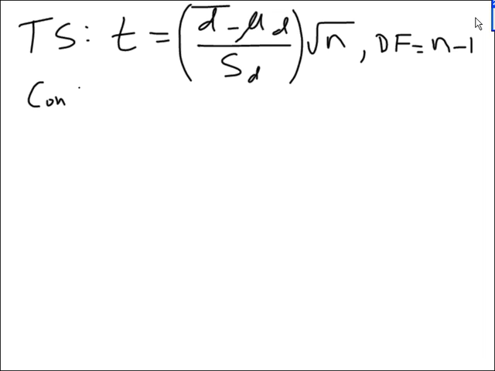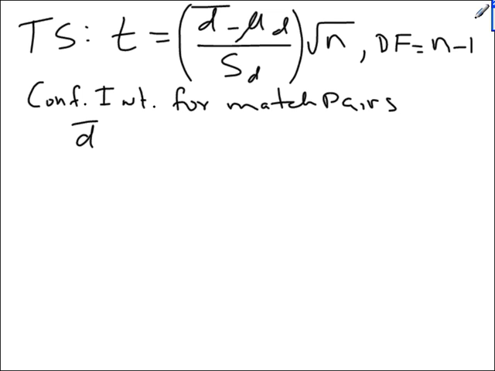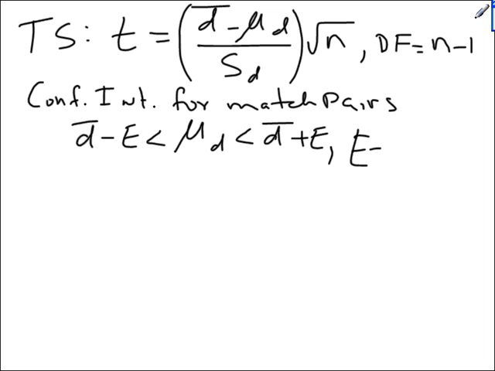And the confidence interval for the matched pairs is d bar minus E is less than mu sub d, which is less than d bar plus E. And like always, I have to tell you what E is, where E is t sub alpha over 2 times s sub d over the square root of n. So, to find the confidence interval, you need d bar and E.